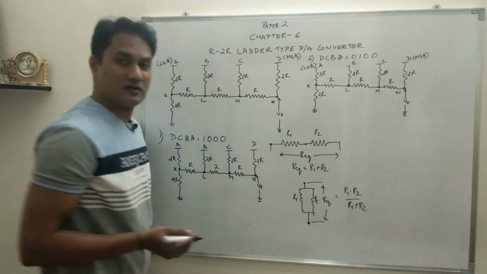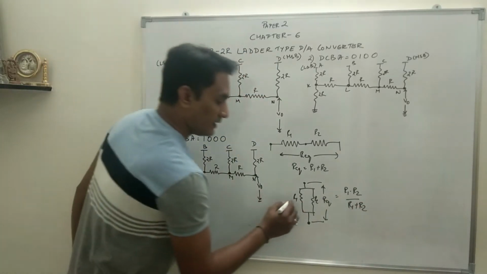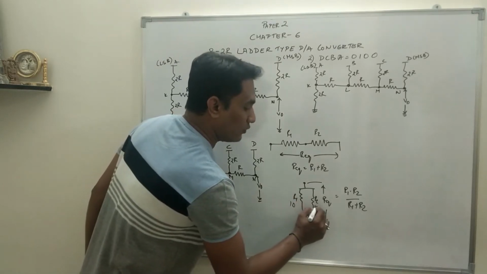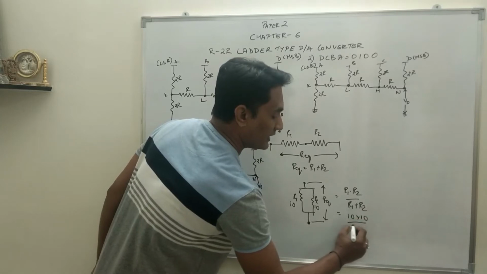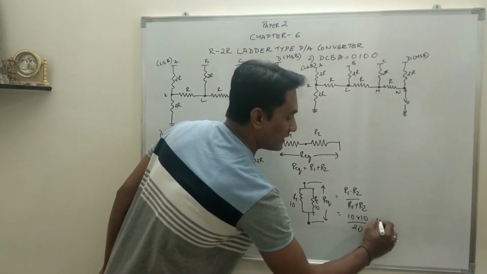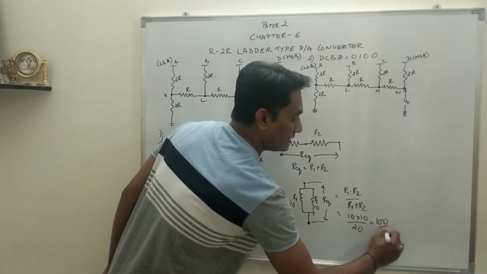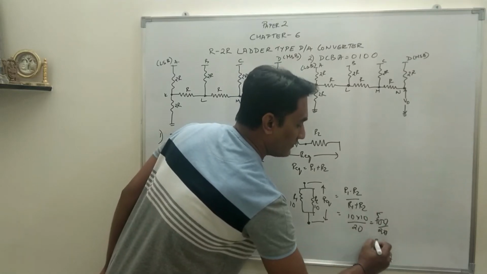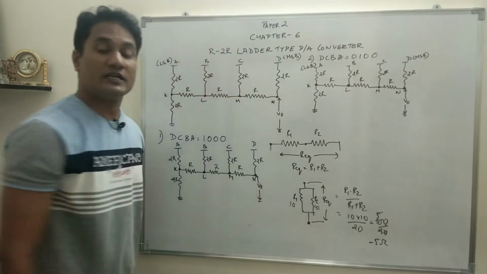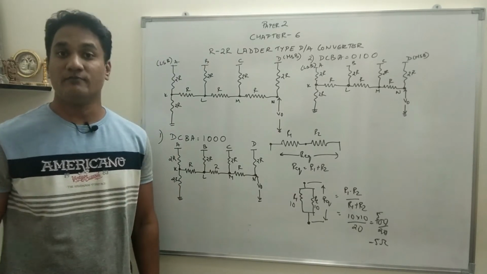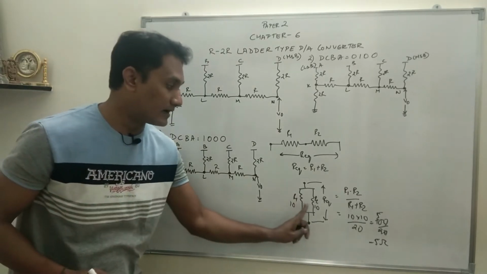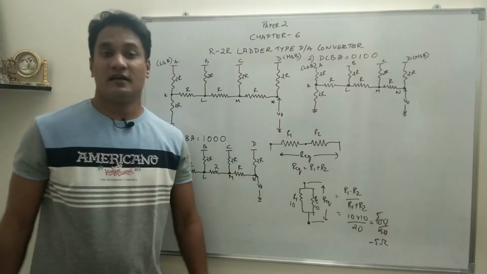Just for example, if I take the values as 10 ohms, R1 into R2, 10 into 10, upon 10 plus 10, that is 20, so 100 upon 20, the value will be 5 ohms. That means if two resistances of the same value come in parallel, the value becomes half. 10 parallel 10 is 5.